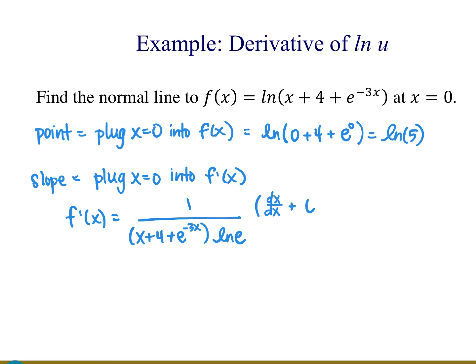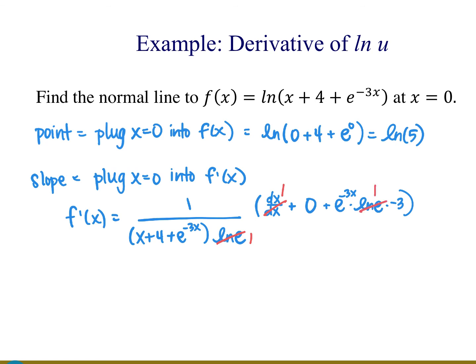The derivative of 4 is 0. And the derivative of e to the negative 3x we learned yesterday. That's part 1, e to the negative 3x, part 2, ln e, and part 3, negative 3. So let's clean all this up. This is 1. This is 1. This is 1.